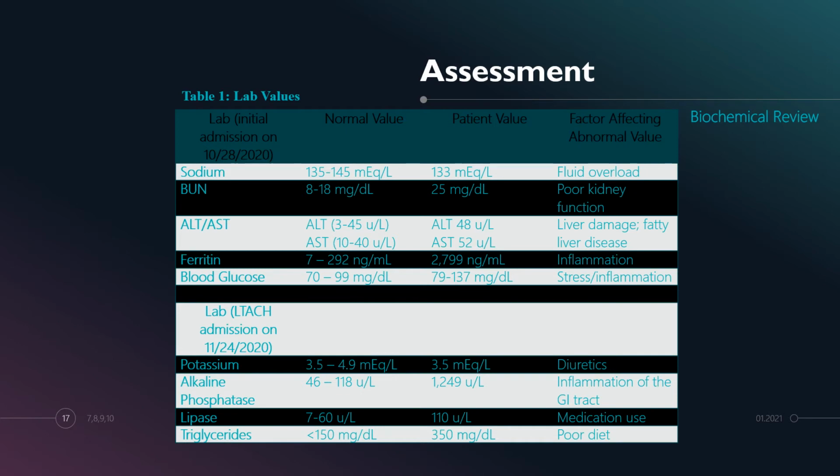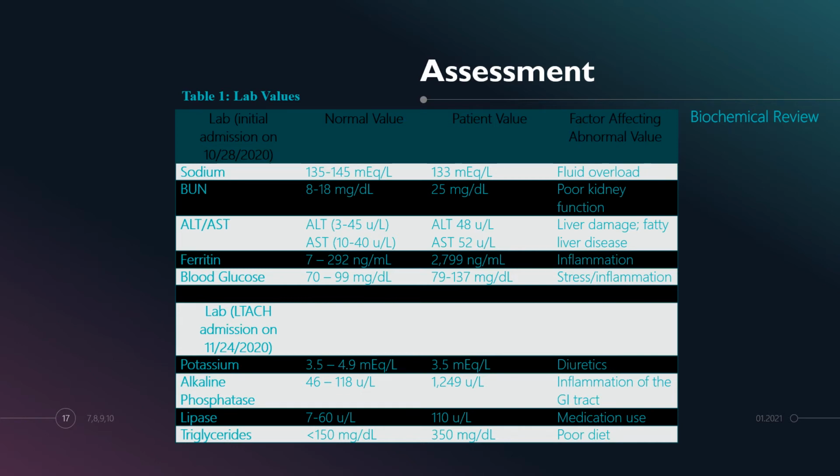So this table just kind of breaks it down. We see that the relevant lab values that were elevated or abnormal, I should say, were the sodium, which was, hers was 133, so just a little low, likely attributable to the fluid overload and the edema that we saw.